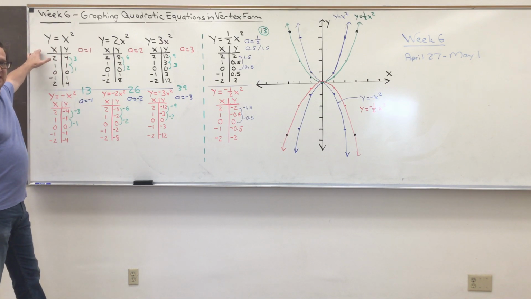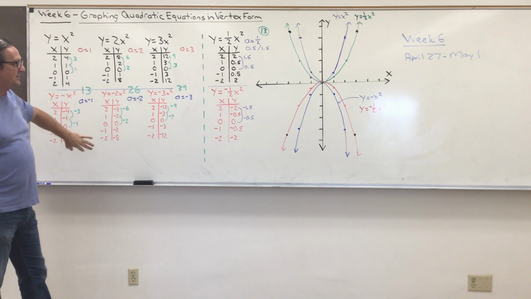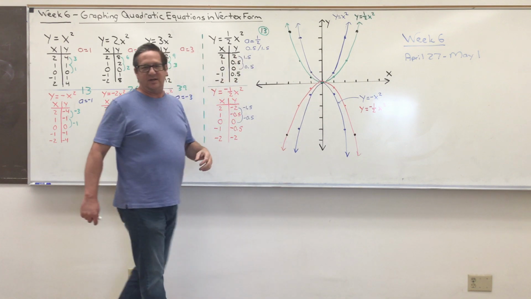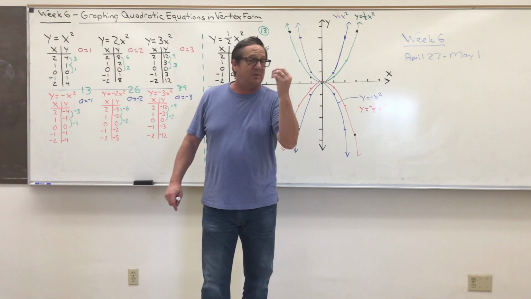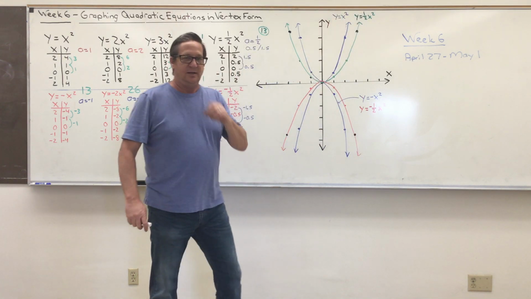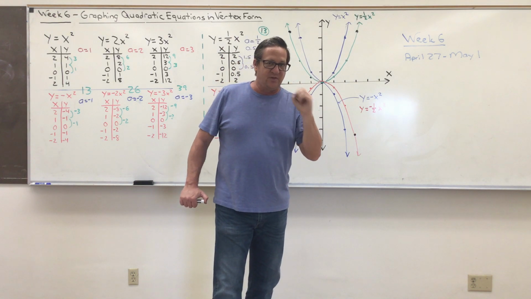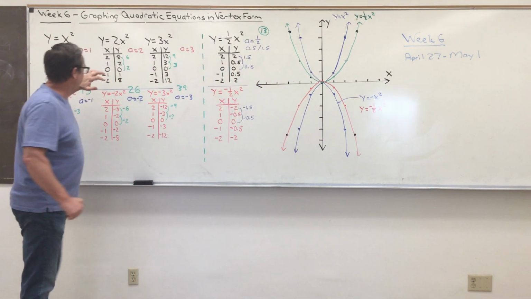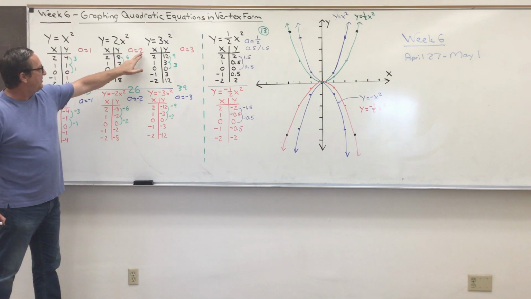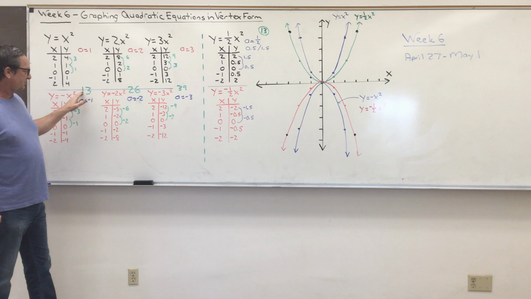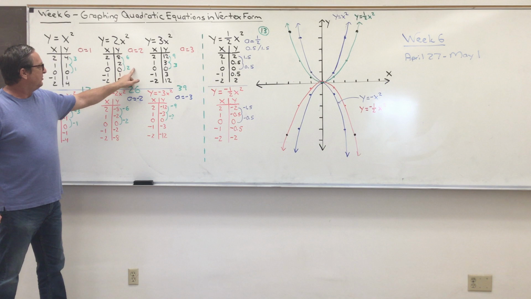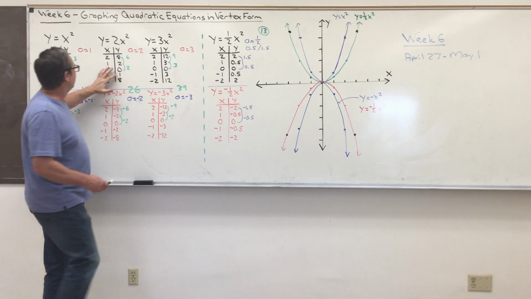Okay, here's our parent graph, and here's its downside. If you look over here, here's y equals x squared and y equals negative x squared. So when a equals 1, we're just kind of here and we're here. And last week, those of you who did the assignment know that if a was 1, and then if a was 2, it looks like we basically multiplied 2 times 1 and 2 times 4, or we double it, and now we go up 2, up 8.